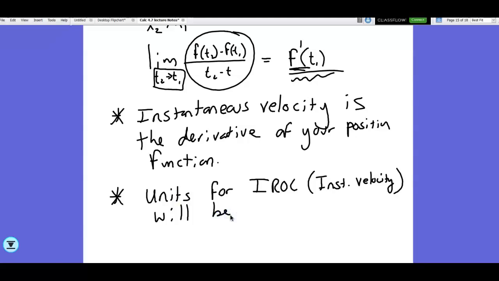So it's always going to be a position unit, like feet, inches, miles, centimeters, whatever, over a time unit, like seconds, minutes, hours, whatnot. So your units for instantaneous rate of change or instantaneous velocity will be position units over time units. Okay?